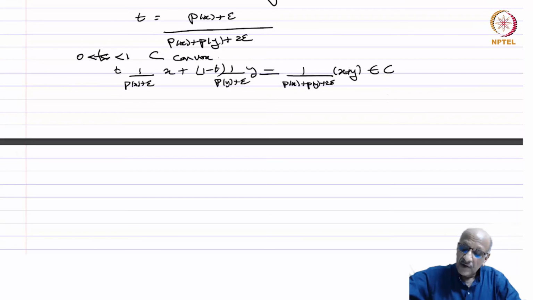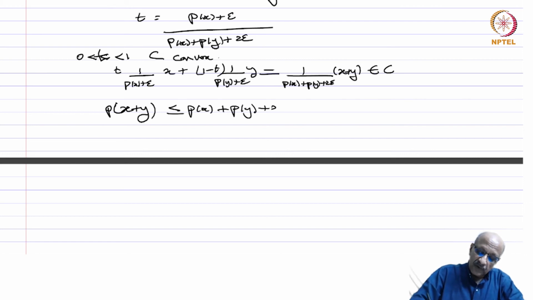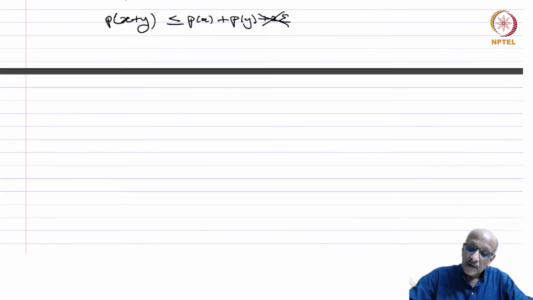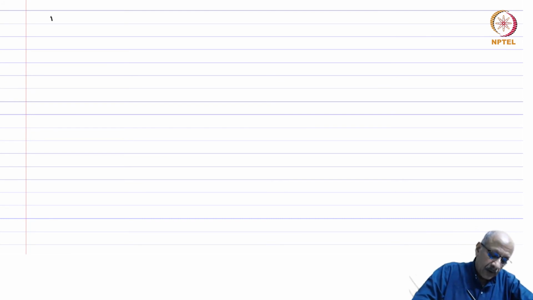So by the definition of the Minkowski functional, again this means that P of x plus y is less than or equal to Px plus Py plus 2 epsilon. Epsilon is arbitrary, so this can go, and so you have proved this condition. Okay, so this proves all the properties of the Minkowski functional. So we will now use this to prove a proposition.